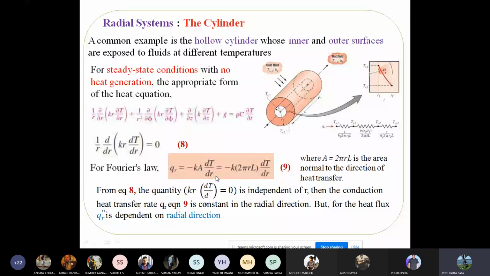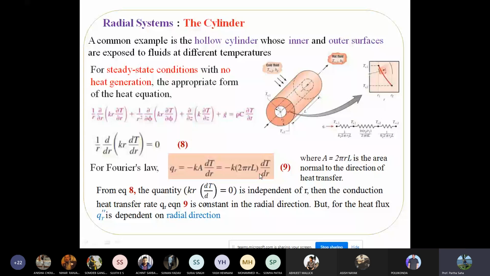Because the dx, the thickness of the wall which we considered when heat conduction happened through a composite wall, is replaced by dr, that is the radial direction, right? dT by dr, because the heat transfer is happening over a minute distance dr. Here the area can be given by 2 pi rL, because that is the surface area over which it is being transferred. So Qr is equal to minus k 2 pi rL dT by dr, where dA equal to 2 pi rL is the area normal to the direction of heat transfer.